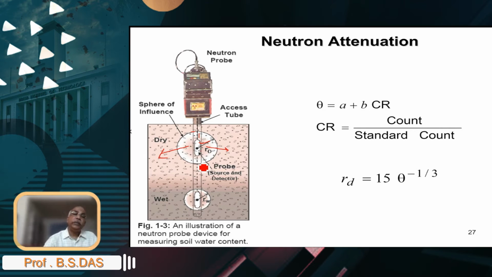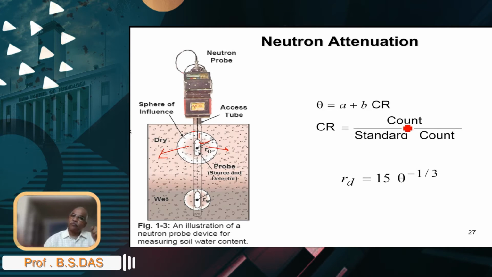Before you lower this neutron probe into the aluminum access tube, you need to measure the standard count for this equipment, because naturally the americium decays, so the standard count changes from time to time.